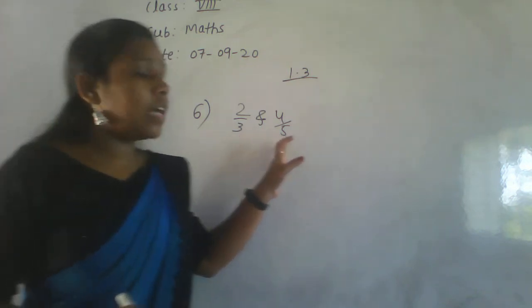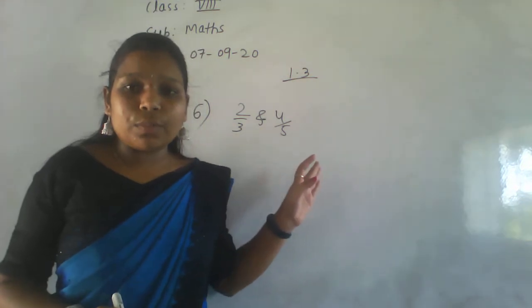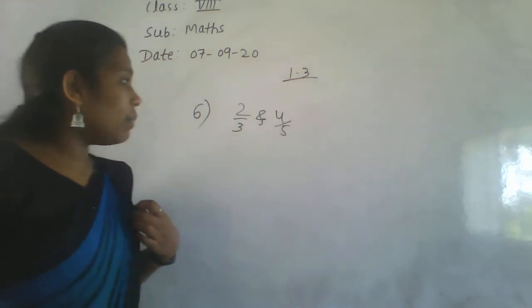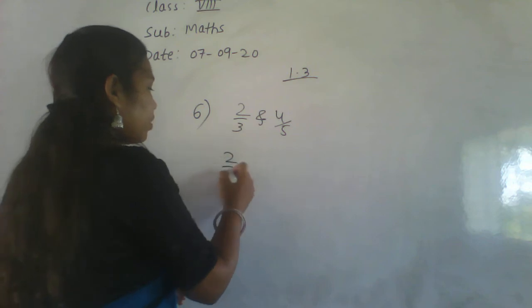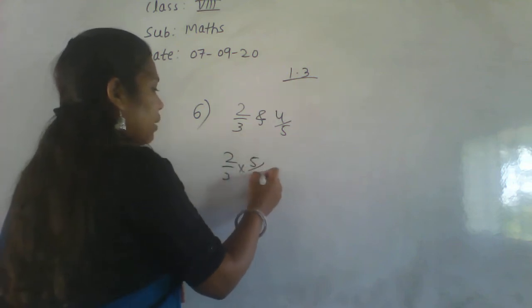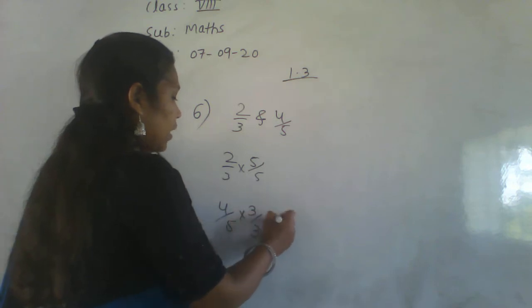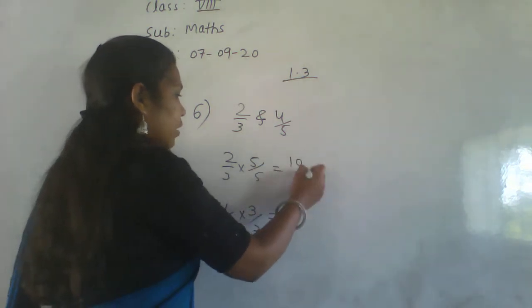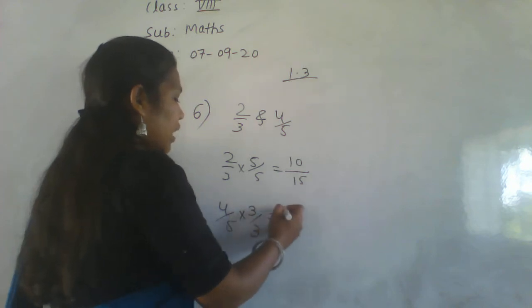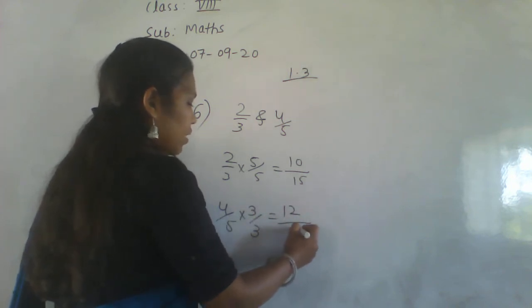Here 3 is this, here 5 is this. We multiply 2 by 3 into 5 by 5, and 4 by 5 into 3 by 3. That is 2 fives are 10 and 3 fives are 15. Here 4 threes are 12 and 5 threes are 15.